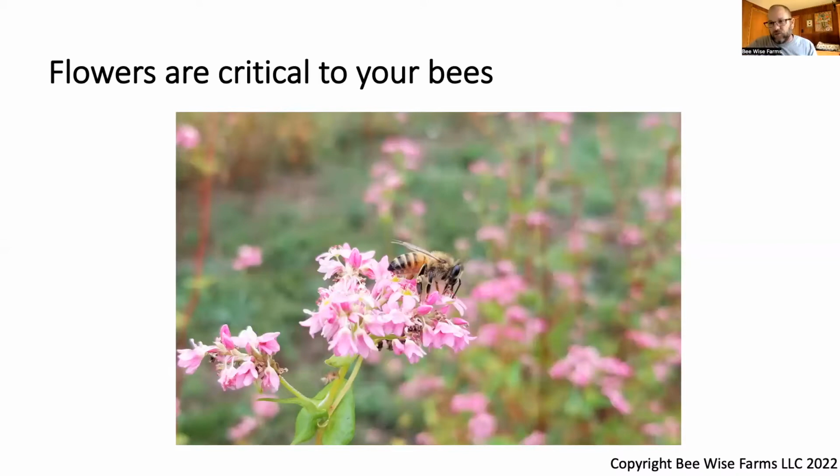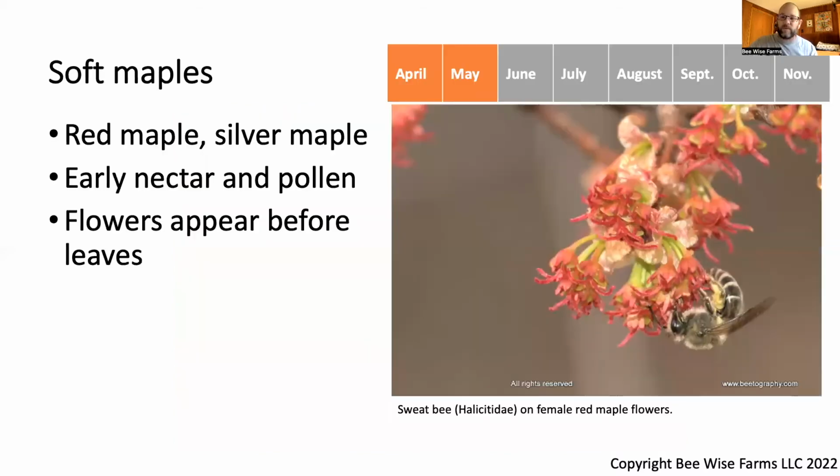So just get that through your head right now, that when we're talking about honeybees and resources for honeybees, thinking that this is going to be native plants is the wrong thought, because honeybees are introduced species into the United States. So let's jump in.